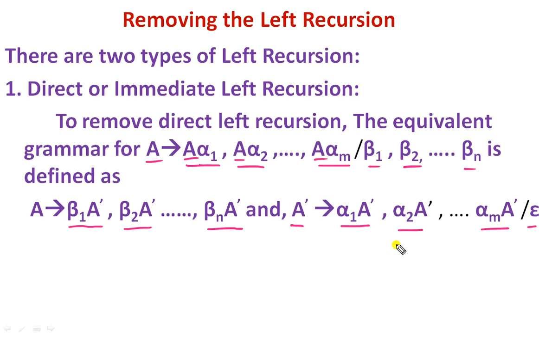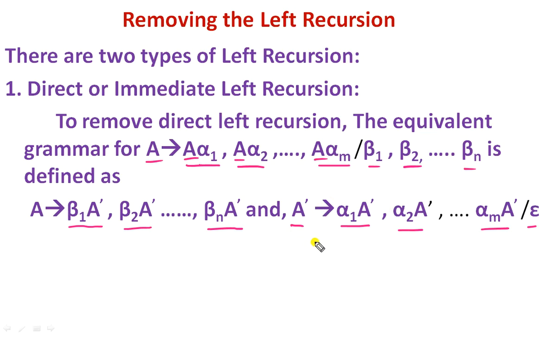So like this we can extend the basic rule to several productions on the right hand side, and remove the left recursion in the existing context-free grammar.